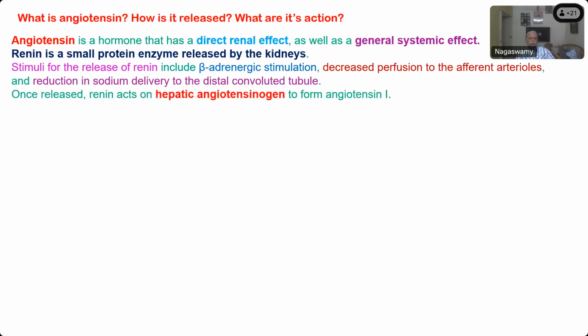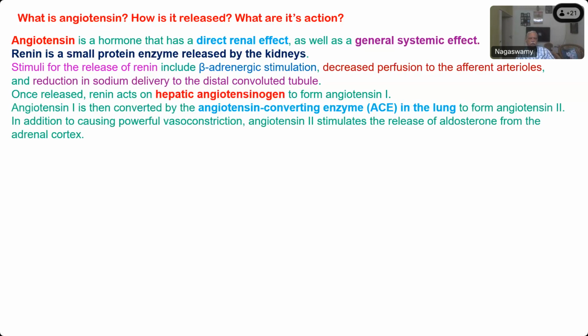Once released, renin acts on hepatic angiotensinogen to form angiotensin 1. Angiotensin 1 is then converted by ACE in the lung to form angiotensin 2. In addition to causing powerful vasoconstriction, angiotensin 2 stimulates the release of aldosterone from the adrenal cortex.